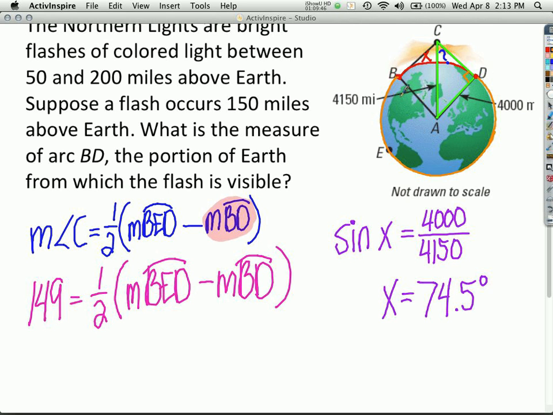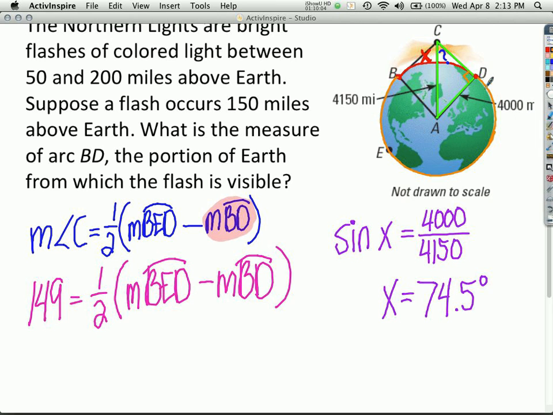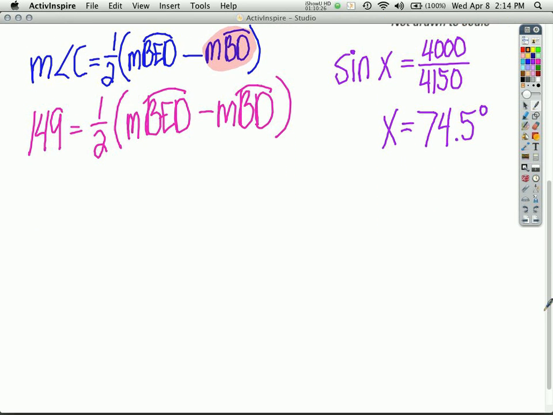So the question is, the 2 arcs, if this one is X, what could we call the one I drew in orange? Chris? 360 minus X. This one has to be 360 minus X because that one's X. Whatever value we figure out for this, to get this value, we do 360 minus the X. So now we actually have everything we need to fill in.